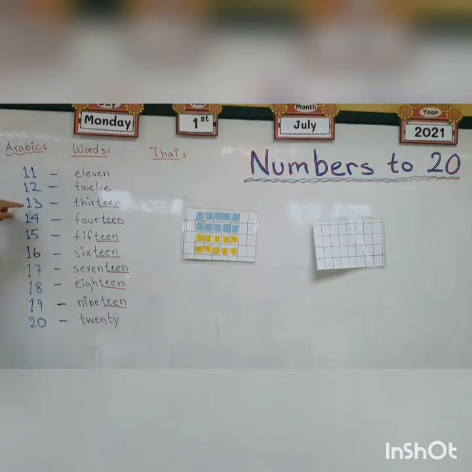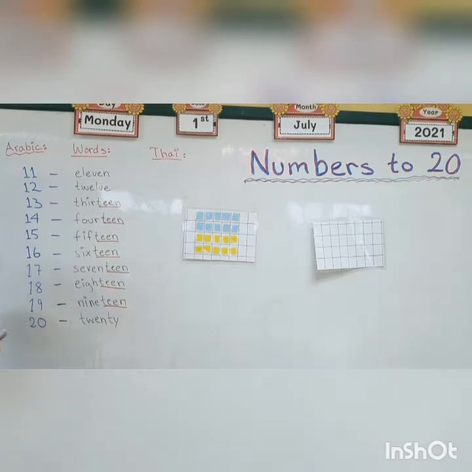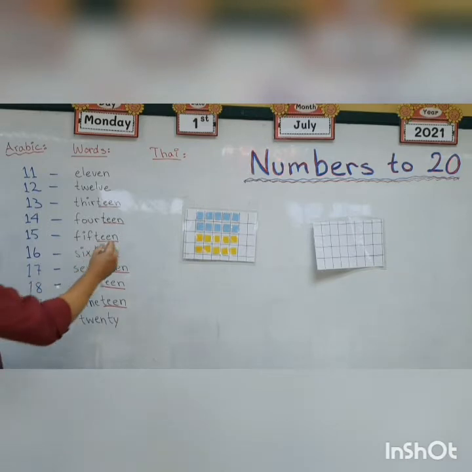Teen, 13, 14, 15, 16, 17, 18, 19. So you need to emphasize teen, because sometimes if you don't emphasize it and you say the number really fast, then it sometimes sounds like two.